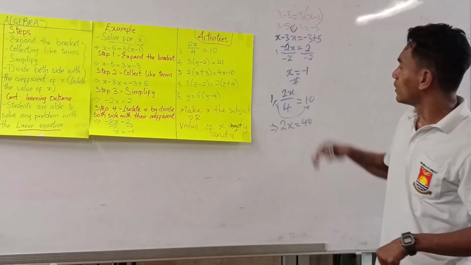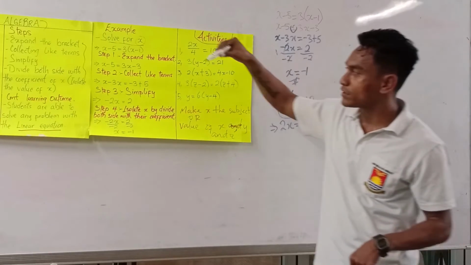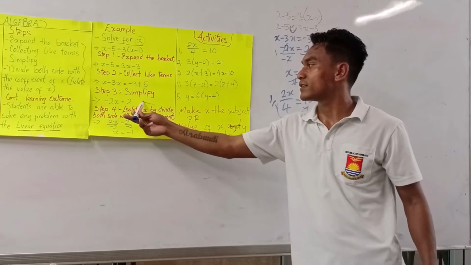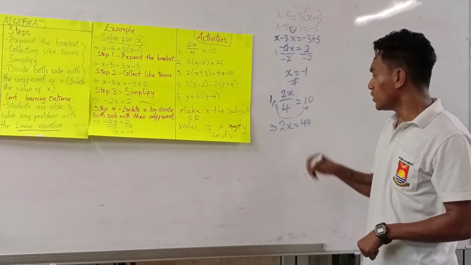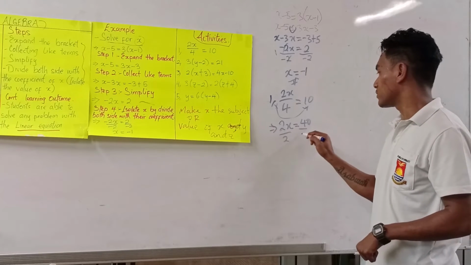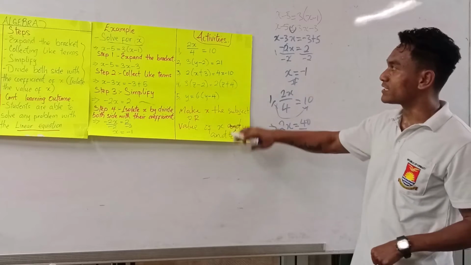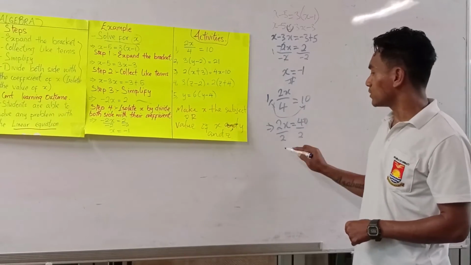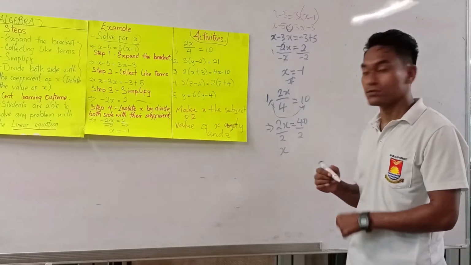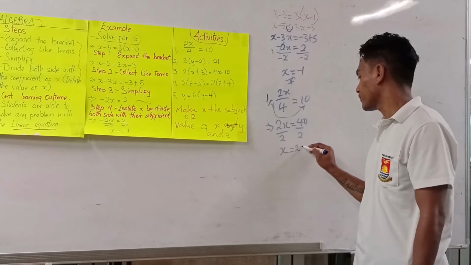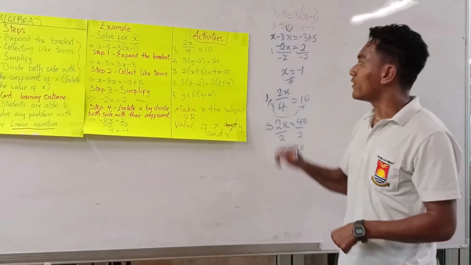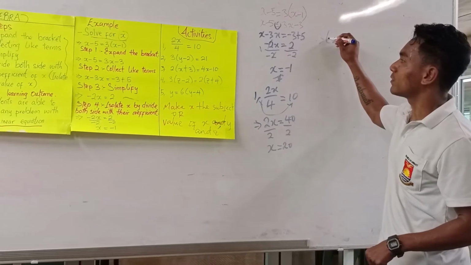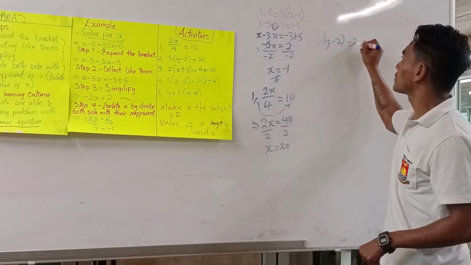In this situation, we did not cover this; we just stick with step 4. So we divide by 2. Our main idea is to find the missing value. So x is 40 divided by 2, which gives you 20.